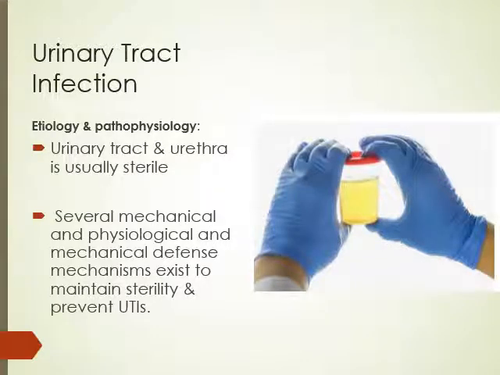For urinary tract infection, the urinary tract and the urethra are usually sterile, so they shouldn't have any bacteria. And there's several mechanisms that keep this area sterile, but it doesn't always work out. So you want to try to teach the patient to prevent UTIs, and we know that teaching from PN1 for females: make sure that they are wiping from front to back, change out of wet bathing suits, don't take bubble baths.